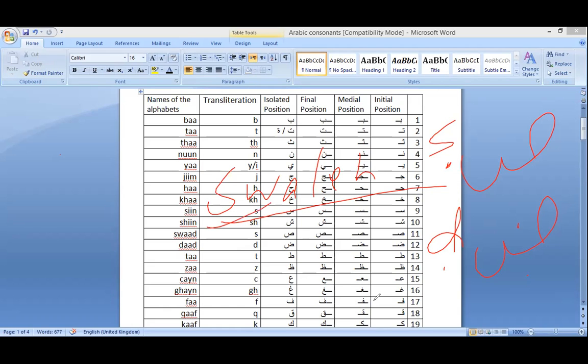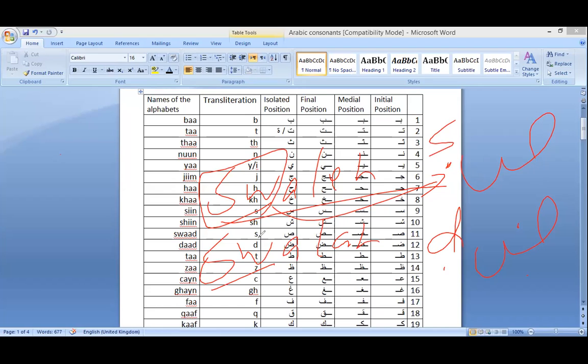Now this Swa is this letter here. In Arabic, this name Swaleh begins with Swad, so it's like a big Sa.